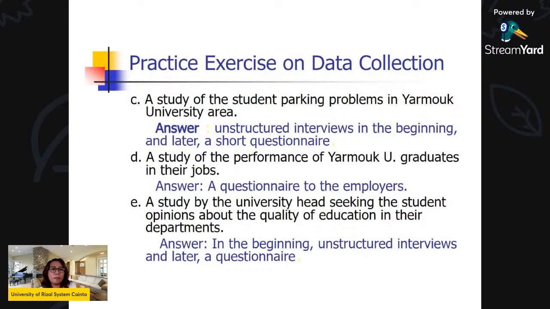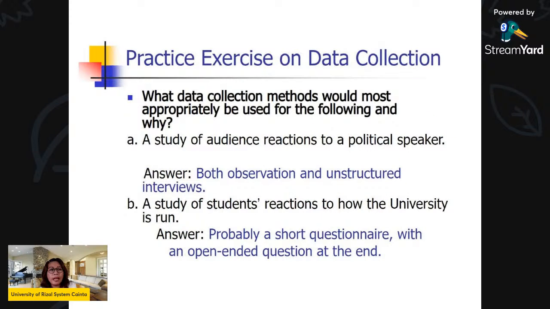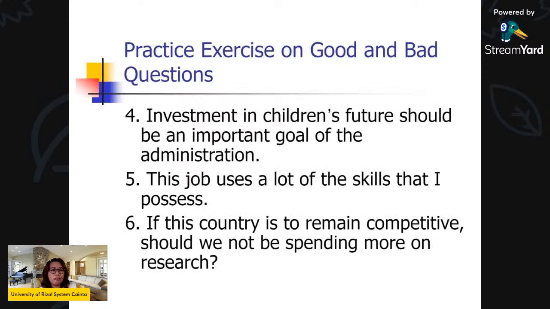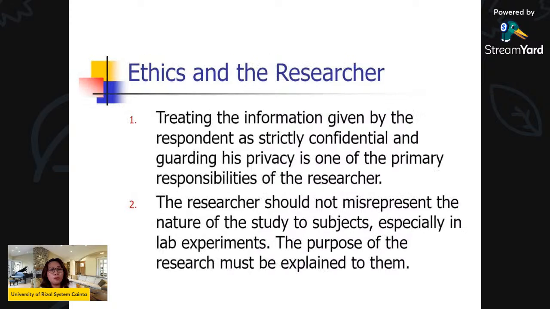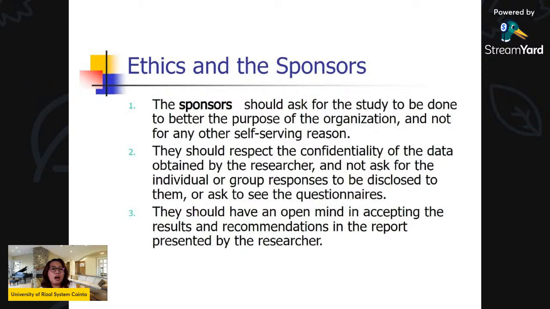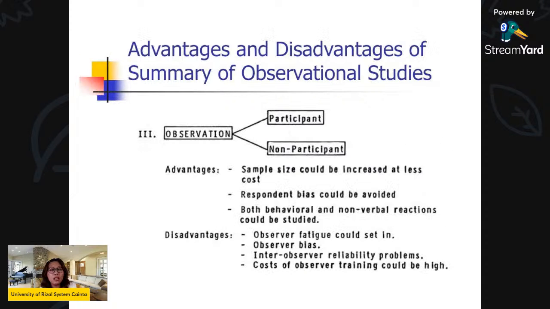Okay? So, those are the things that we have identified when it comes to the last topic of data collection. Now, there will be an activity for this. Ang gagawin po is, this is a group activity.